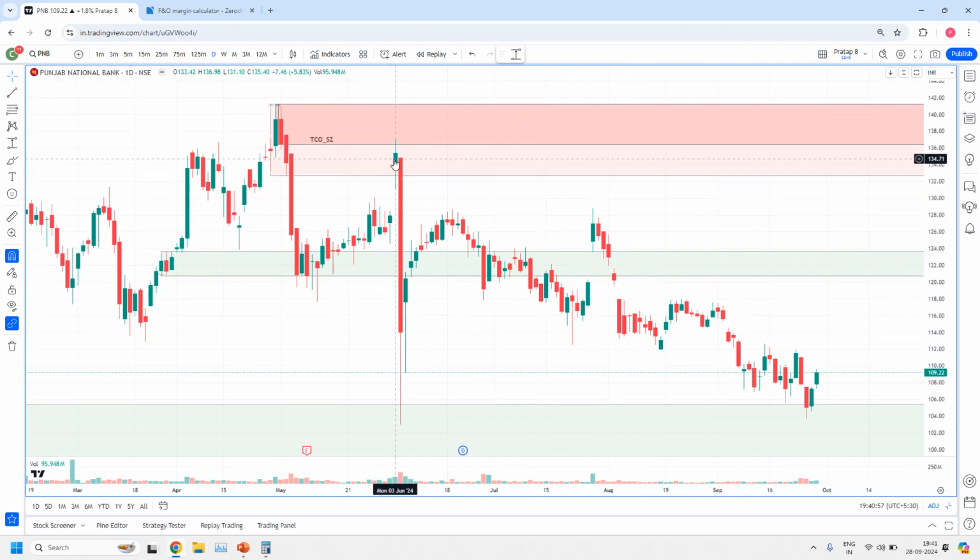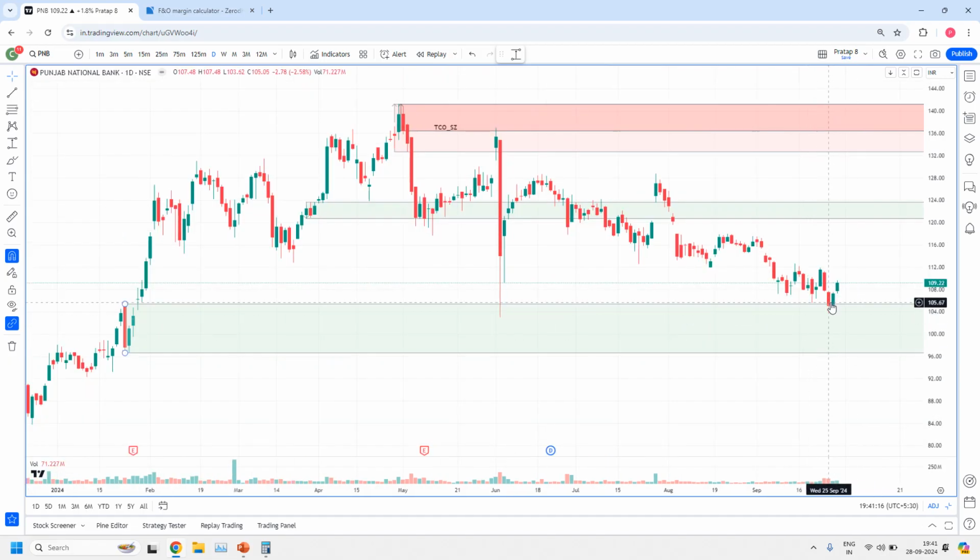You got the entry on the 3rd, and it reached the target on 25th September. So another 3 or 3.5 months you might have waited to reach this target.